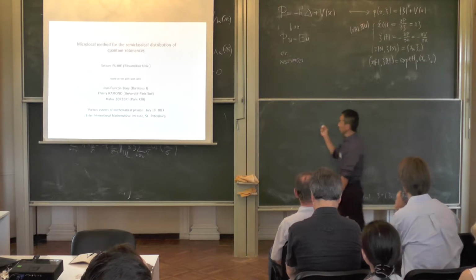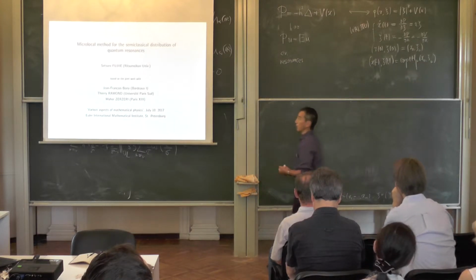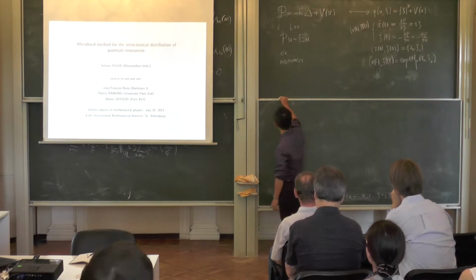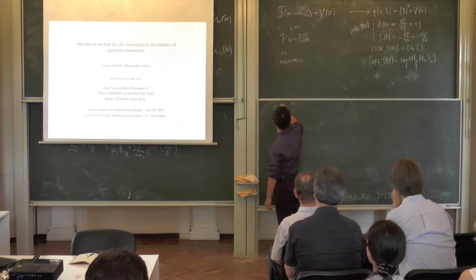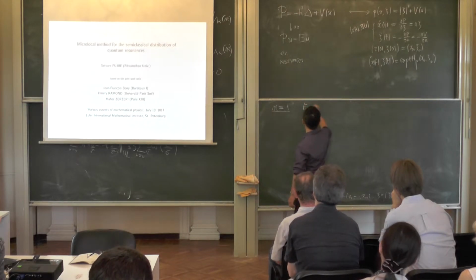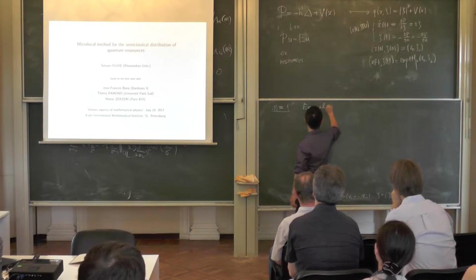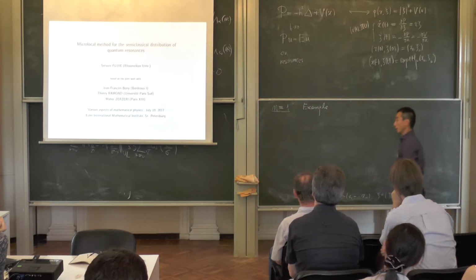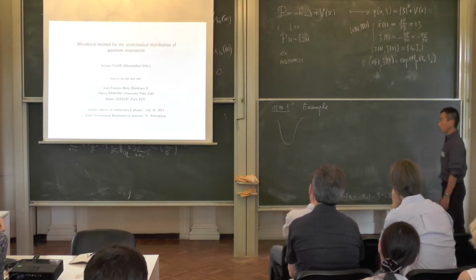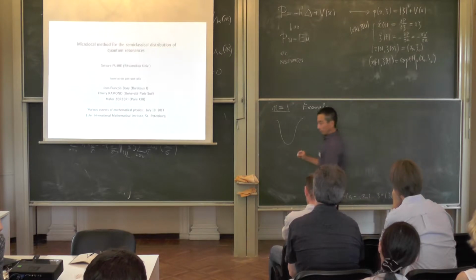I explain this beginning with the well-known Bohr-Sommerfeld quantization condition. So the dimension n is 1. So, example. Okay? Let us consider a potential of such a shape, which we often call a simple well.